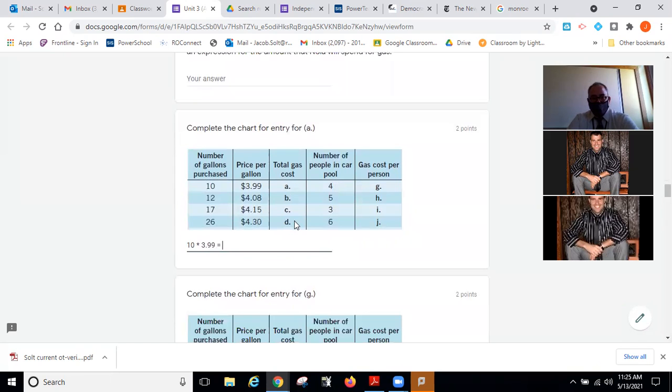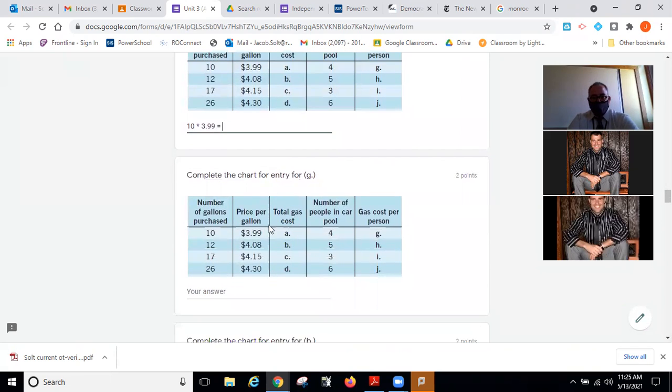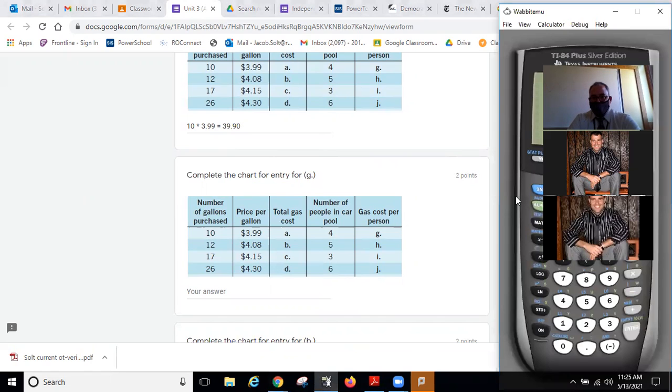Then it's going to ask me to complete the chart for G. I'm going to get a number over here, so I need to figure out what that number is. Well, it's going to be $39.90, right? Let's confirm so my mental math is not off.